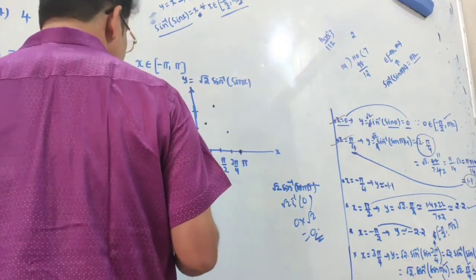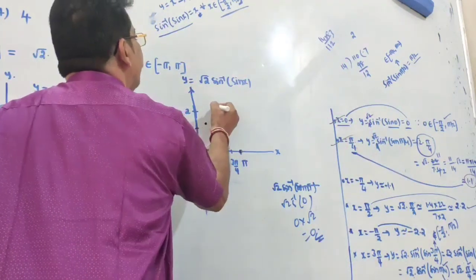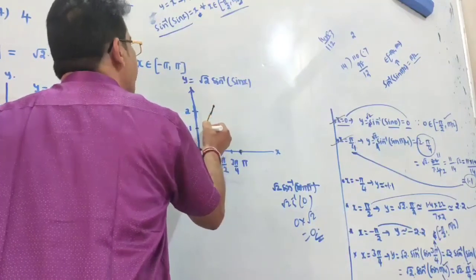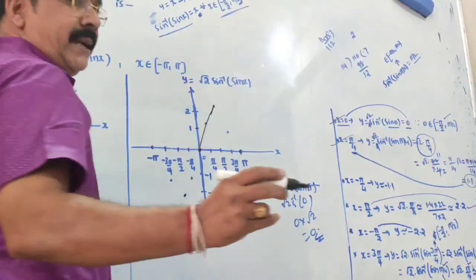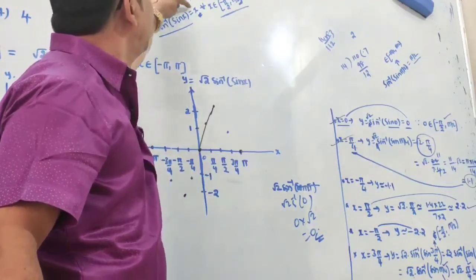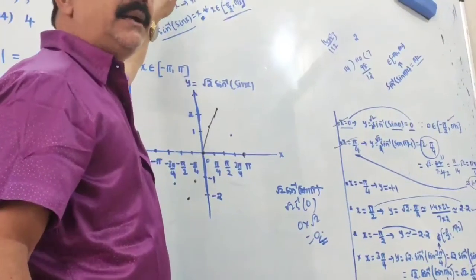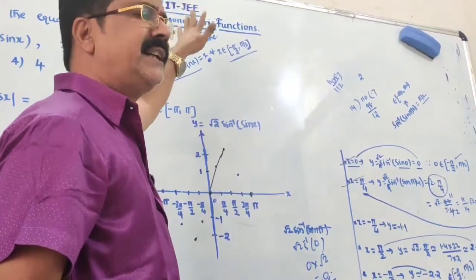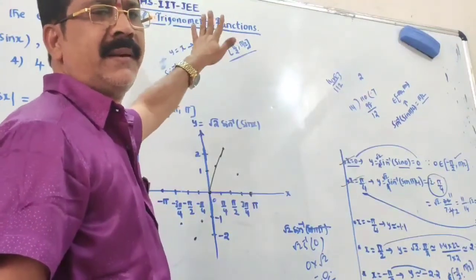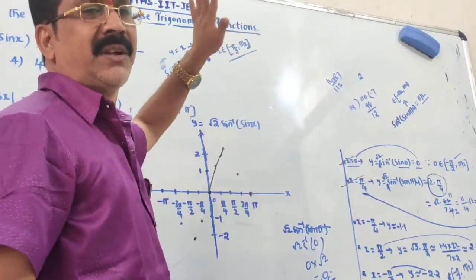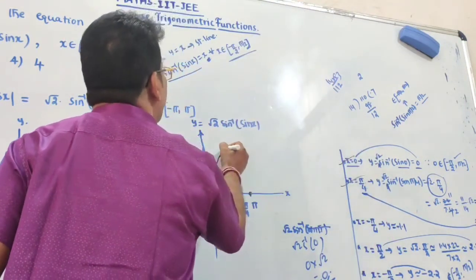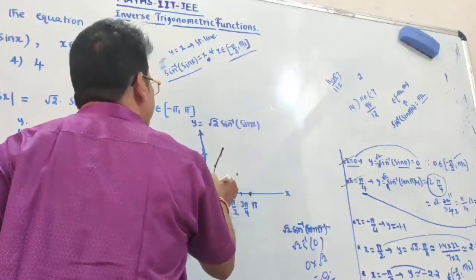So the graph will be like that. As I already said, it is a straight line. Sine inverse of sine x is a straight line, and similarly cos inverse cos x, tan inverse tan x, secant inverse secant x, and cosecant inverse cosecant x are all straight lines, not curves. Now we just plot the points.